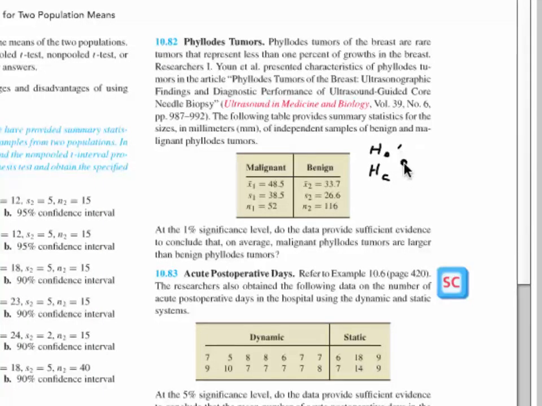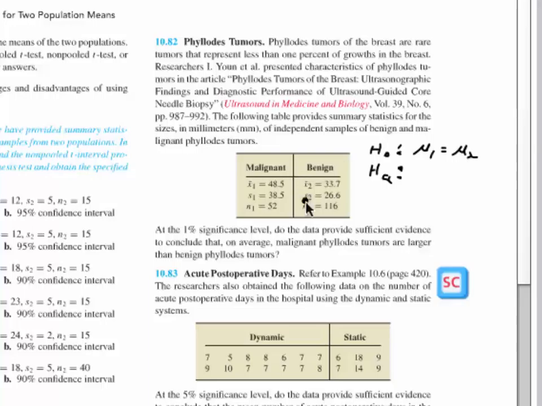So, Daisy, what's the null hypothesis? That's right. In other words, the null hypothesis is that malignant tumors and benign tumors are the same on the average. So on the average, all malignant and benign tumors are the same size. Okay?